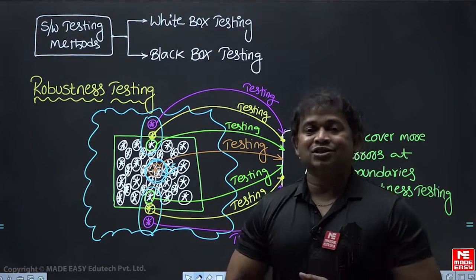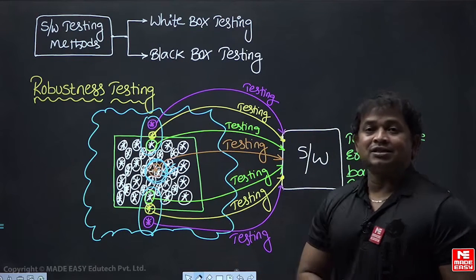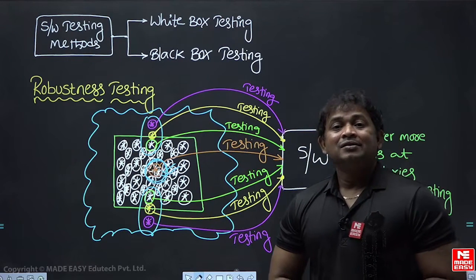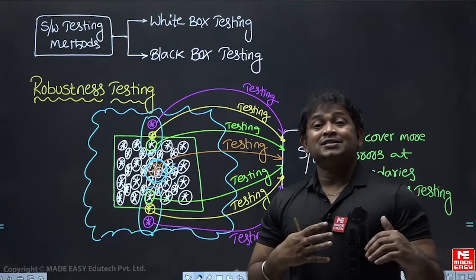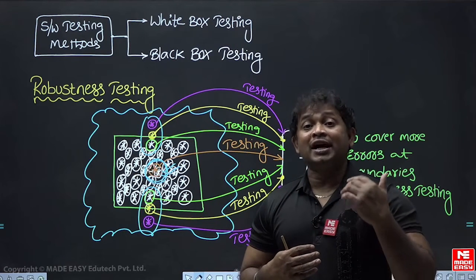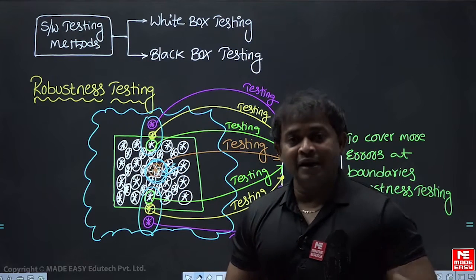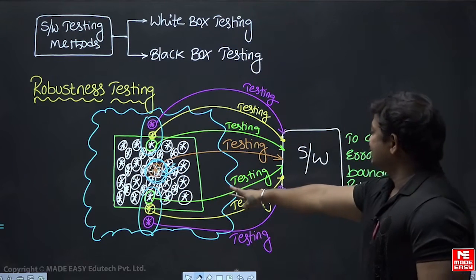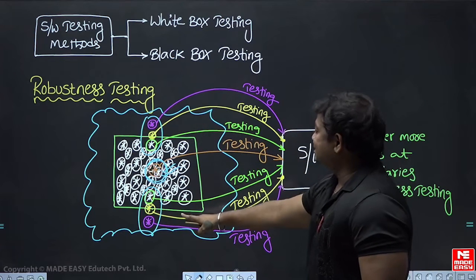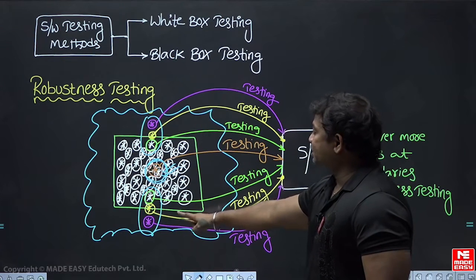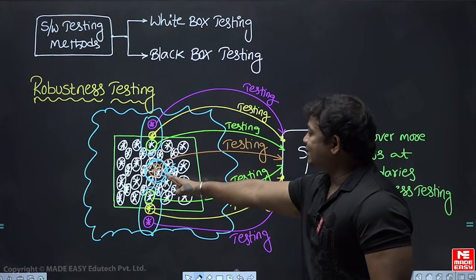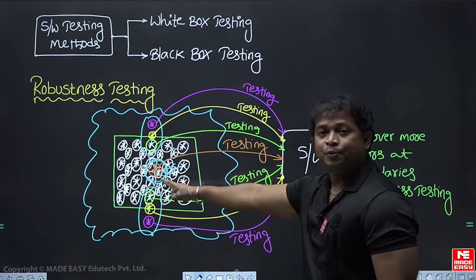That testing is called robustness testing. Robustness testing is used to cover more errors at boundaries rather than the center of an input domain. Here 6 test cases are conducted at boundaries, only one test case at the center of an input domain.